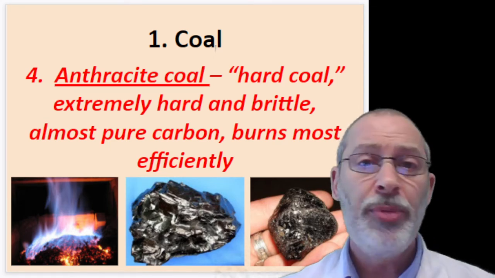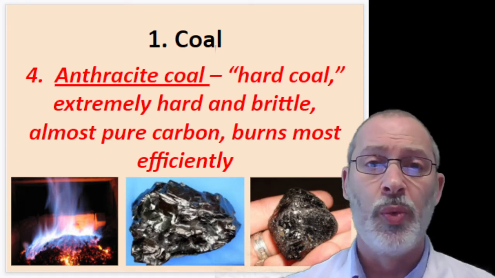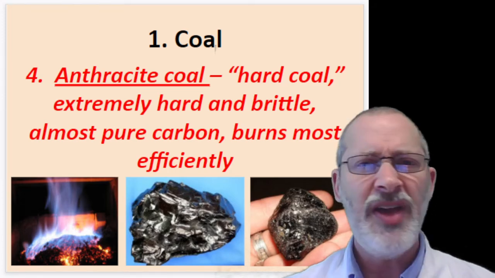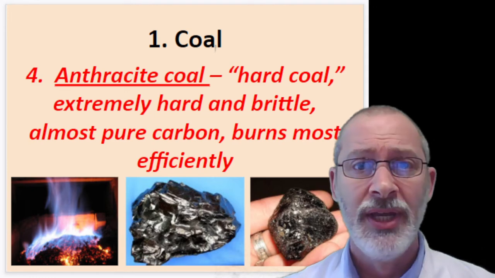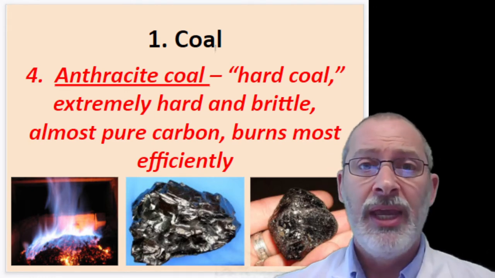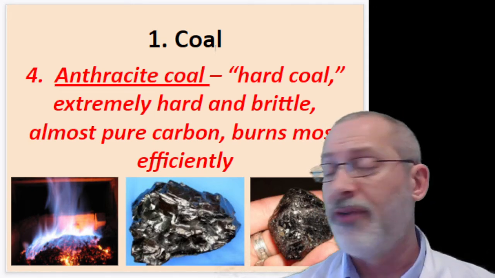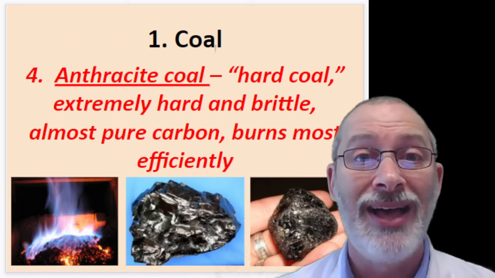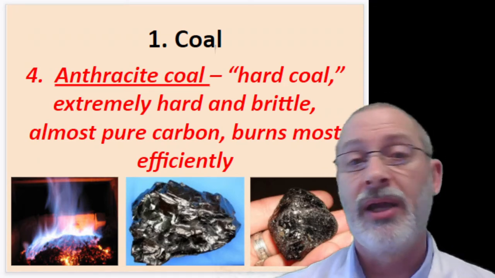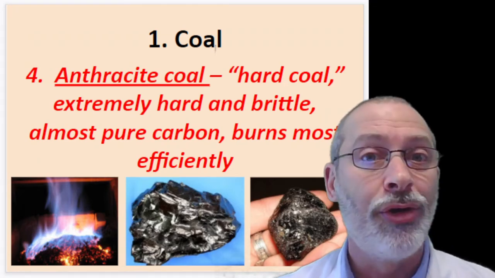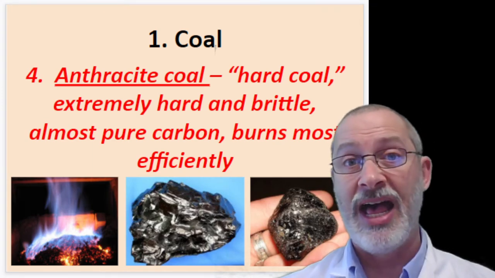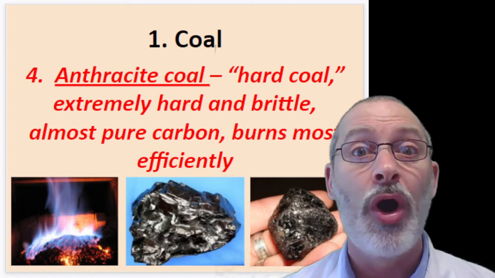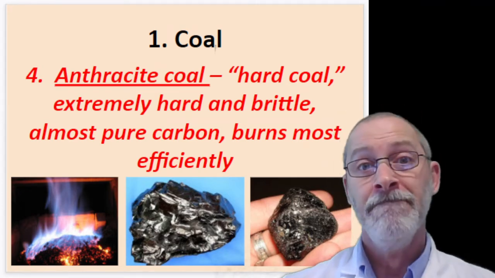Now, both bituminous and anthracite coal were influential, very important parts of our industrial revolution past in the United States. In fact, you may have heard of famous canals like the Panama Canal, the Erie Canal, but have you heard of another famous canal that comes right through Warren County, New Jersey?